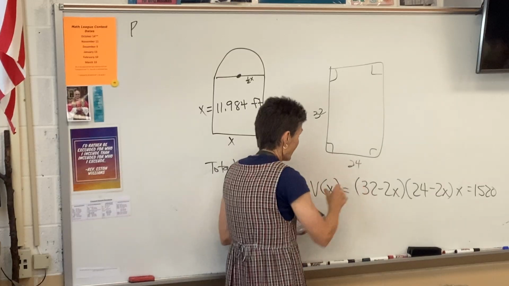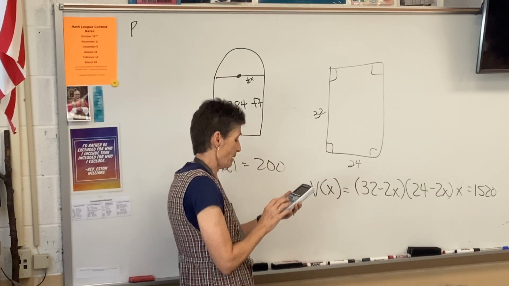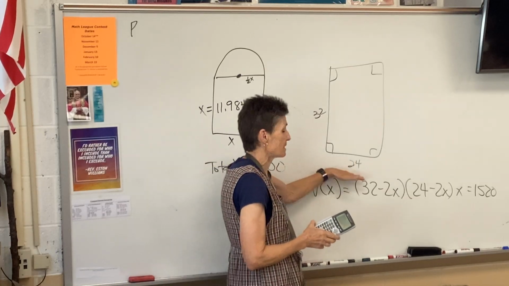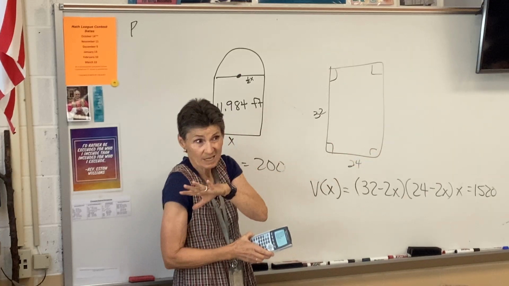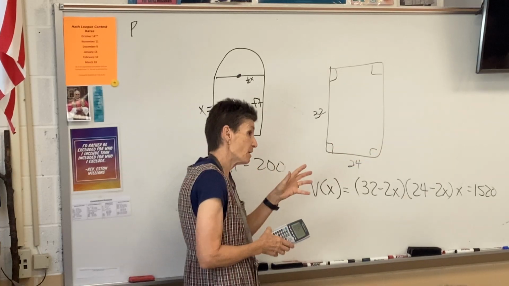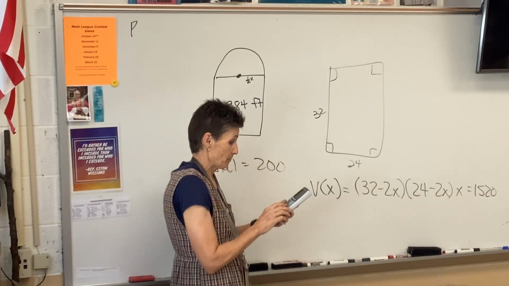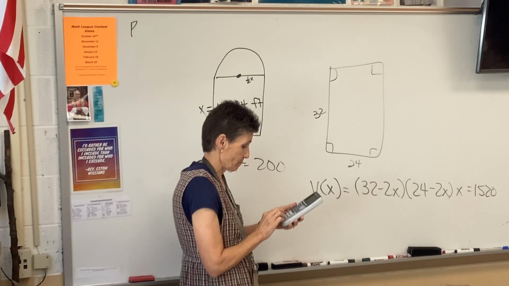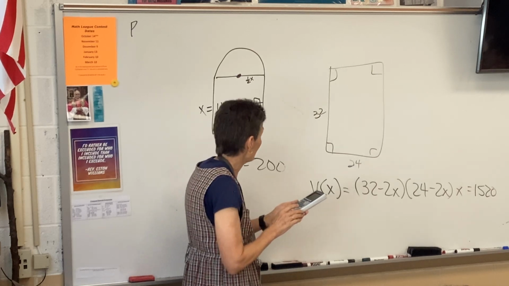Now I understand that I can graph whatever I want, but understand that your x's have to be between 0 and 12. So any other answer that you get will not be counted. You have to be between 0 and 12. All right, let's put in my new equation.